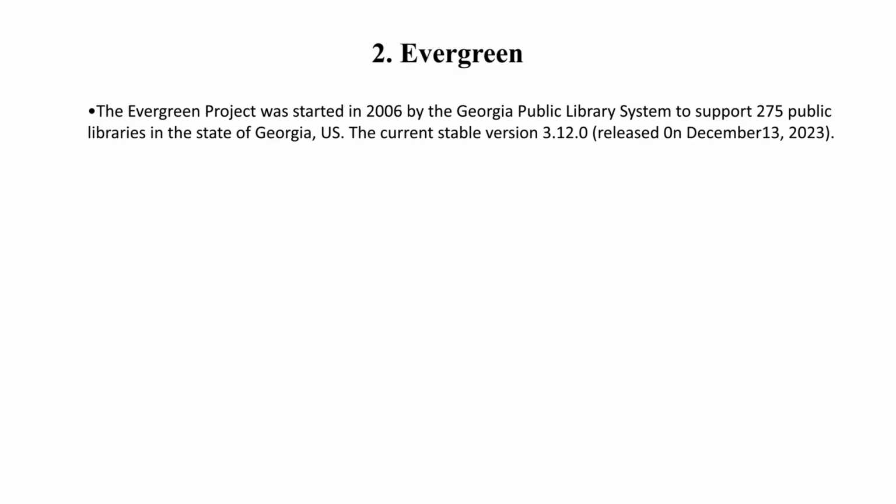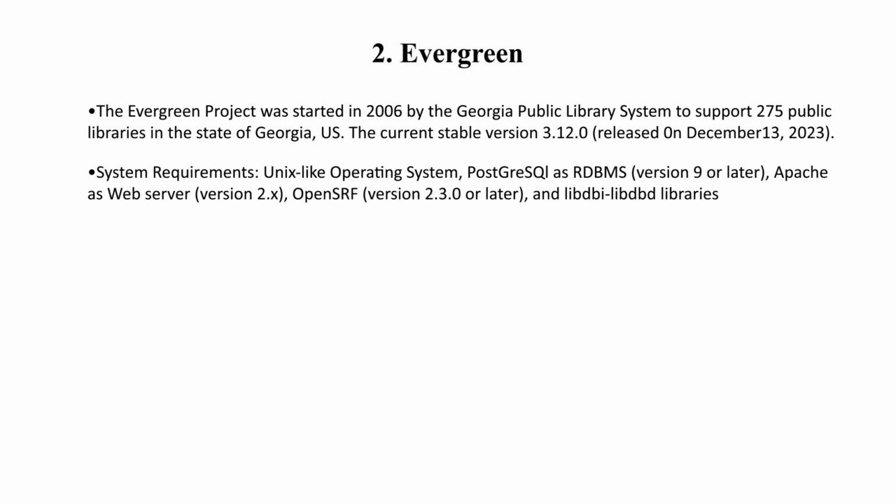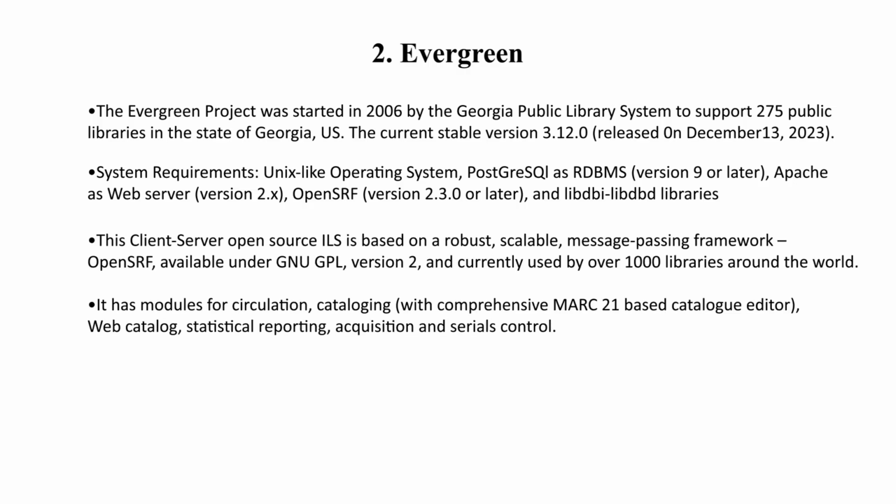It works under a Unix-like operating system, uses PostgreSQL as RDBMS, Apache as web server, OpenSRF and libdbi, libdbd libraries for other operations. It has modules for circulation, cataloging and others. These modules are very comprehensive, supporting MARC 21 based catalog editing.